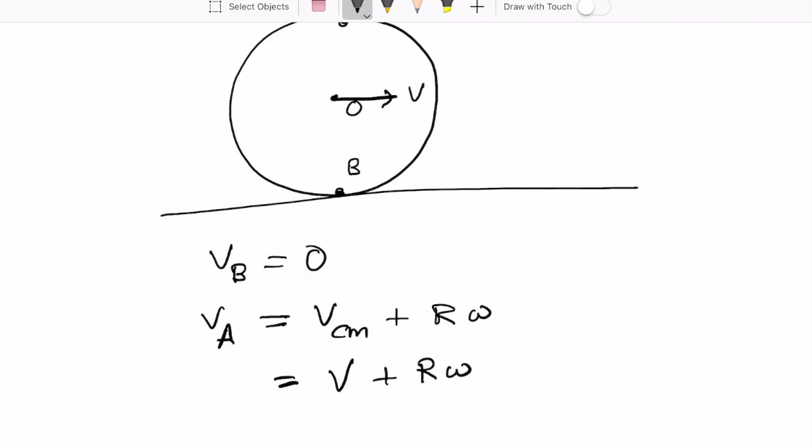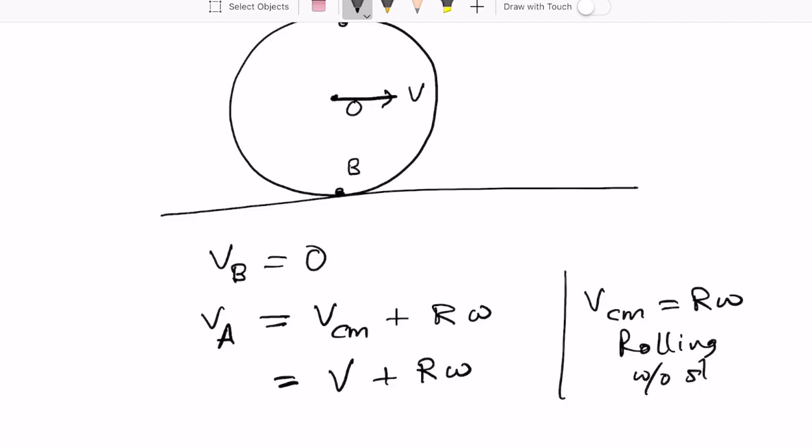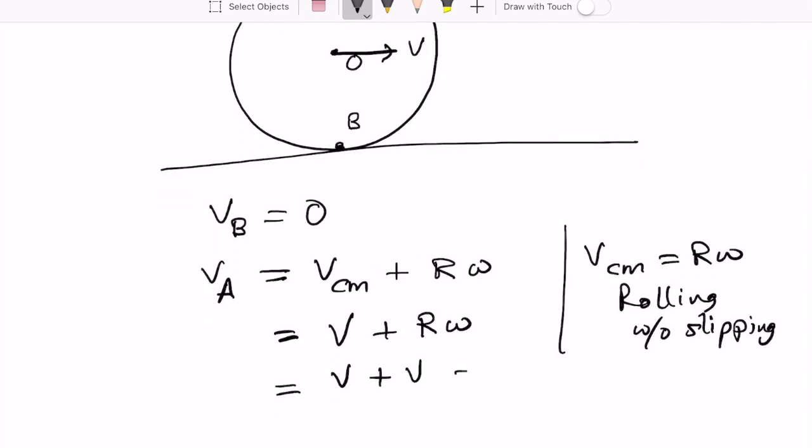But we do know something about R omega. We know that V center of mass is also equal to R omega, because we are told that it's rolling without slipping. So you can replace R omega by V or VCM. They mean the same thing here. So V plus V, this is 2V.